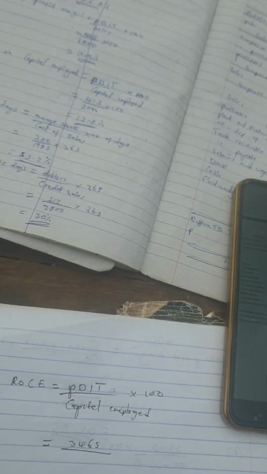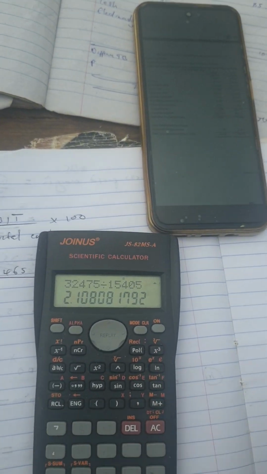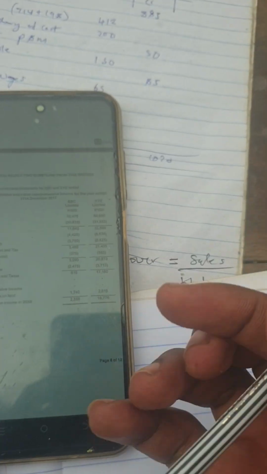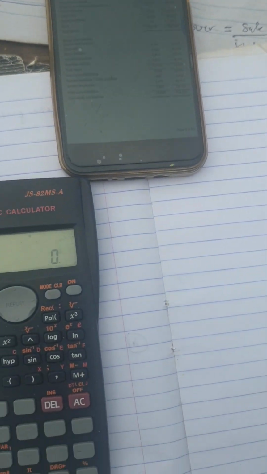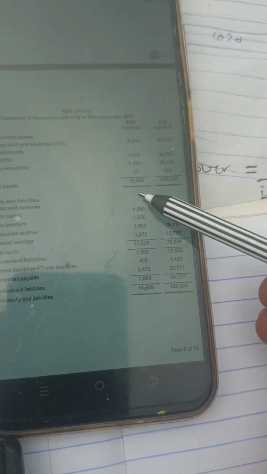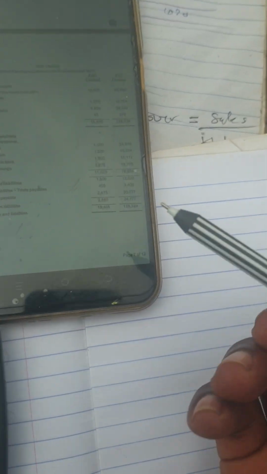For capital employed, we know that we get our total assets minus the current liabilities. Total assets for ABC are 15,405, minus current liabilities.